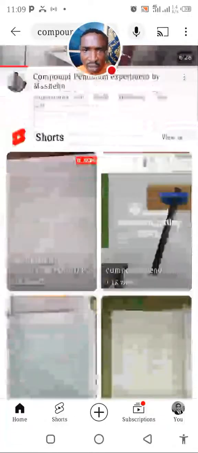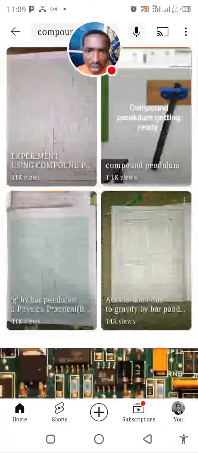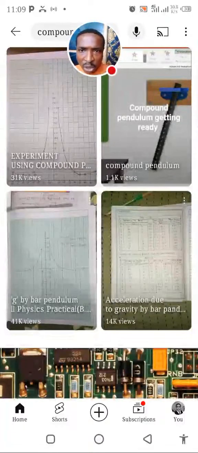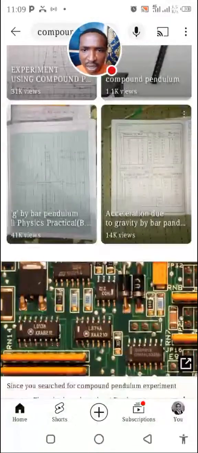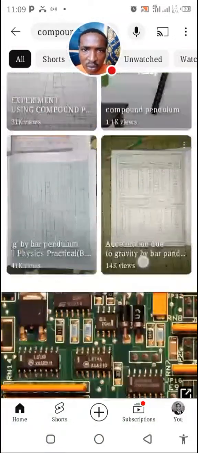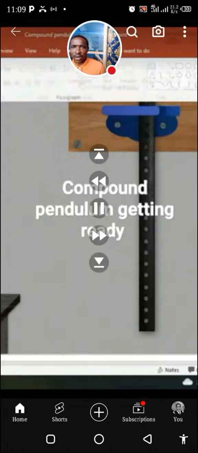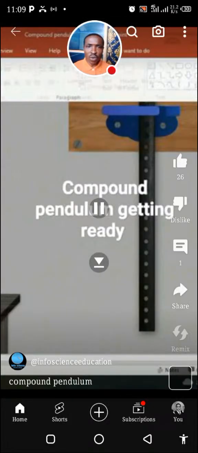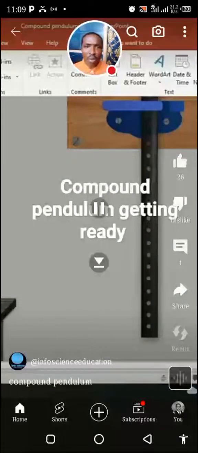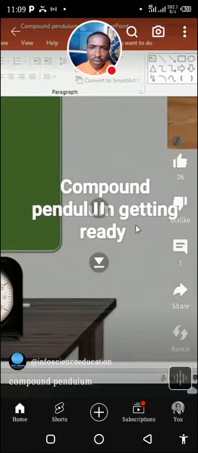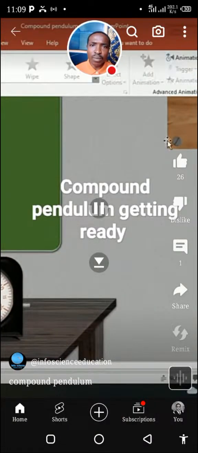I just want to show you the setup, just how the experiment is. You can see graphs plotted in this experiment, but the one we are going to look at is a very simple one. Back then we used to plot two graphs, one curve and one normal one. So this is the compound pendulum. I'm just checking YouTube videos.